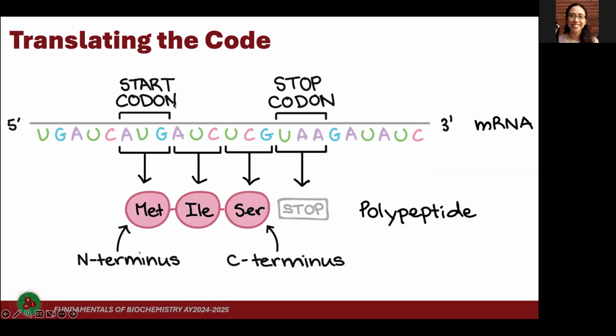So, the code is actually a nucleotide triplet. So if you have an mRNA transcript, you divide this mRNA transcript into triplets. Each triplet or each three consecutive nucleotides correspond to one codon. And each of this codon is translated to a specific amino acid. So that's how we create the gene product.